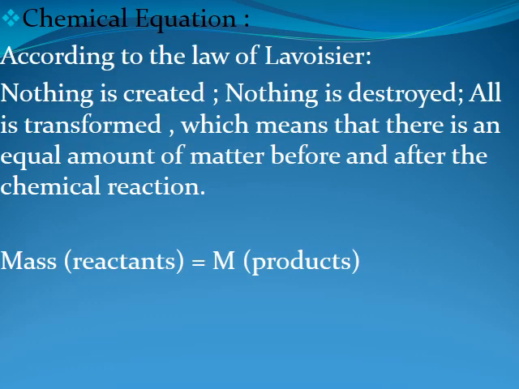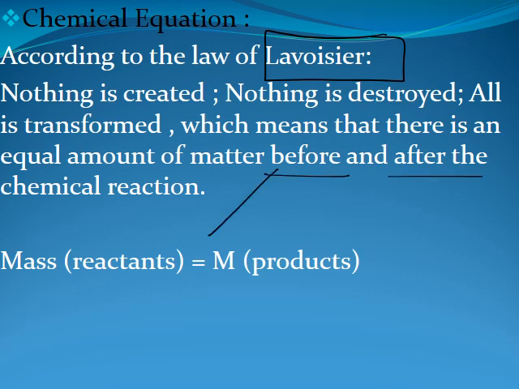Chemical equation. Be careful here in the chemical equation with the law of Lavoisier. What is this law? Nothing is created, nothing is destroyed, all is transformed, which means that there is an equal amount of matter before and after the chemical reaction.